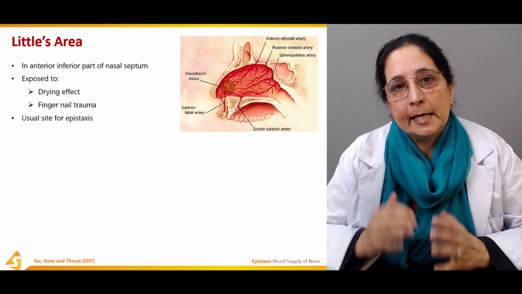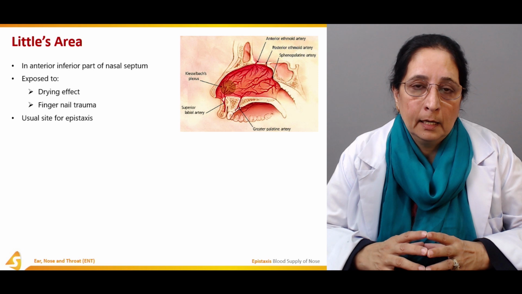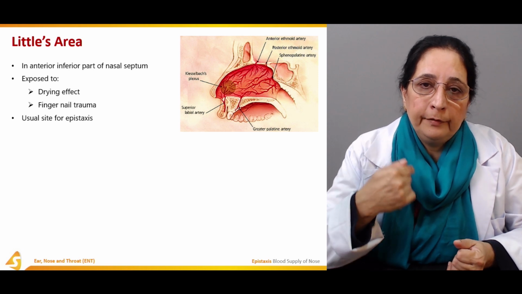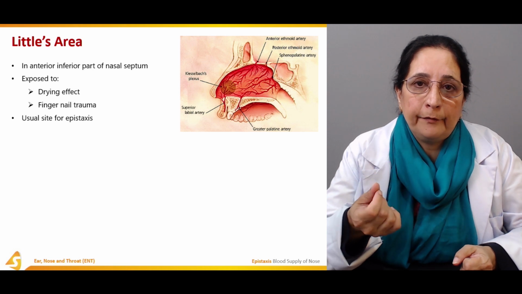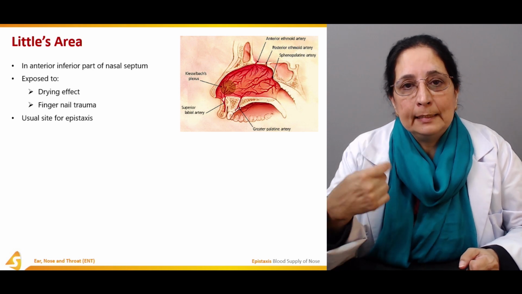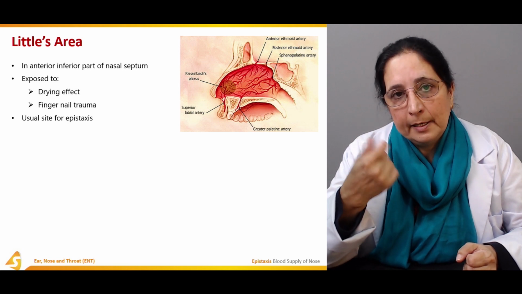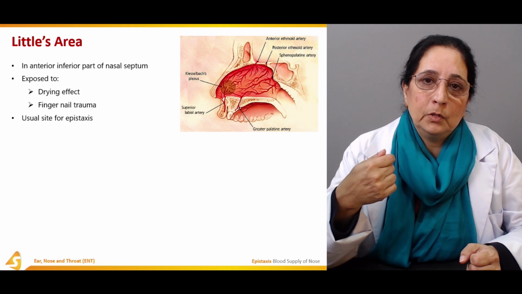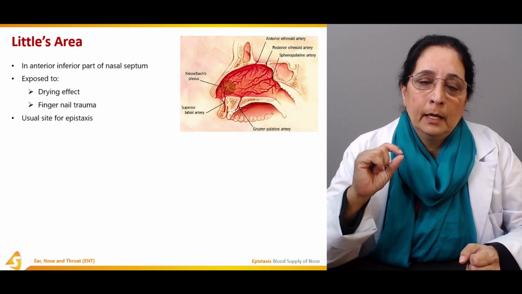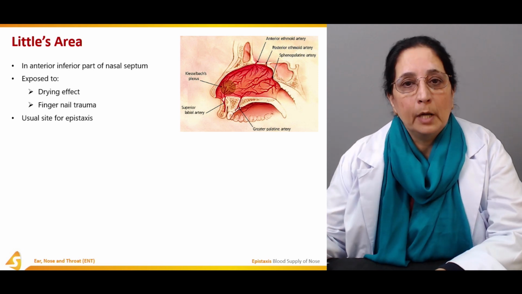We said that 90% of cases are from the Little's area, and it's in the anterior inferior part of the septum. So it's very easily prone to different conditions like drying effect and finger trauma. Some people have the habit of putting a finger in their nostrils or nose, so they keep on pricking and cause damage to the Little's area and lead to epistaxis.